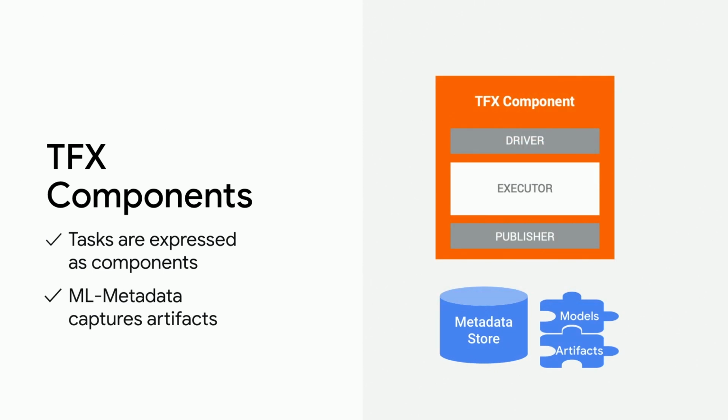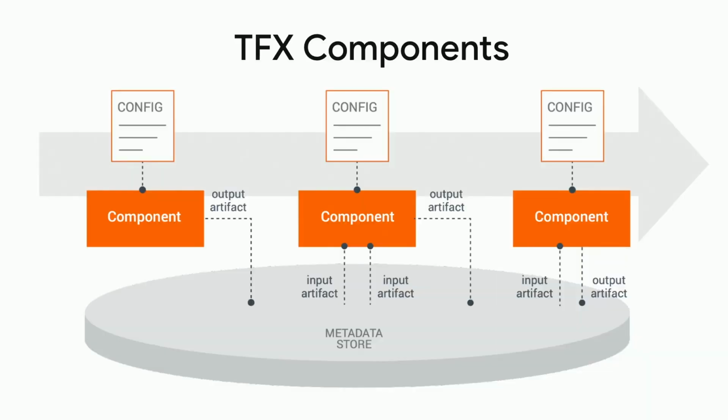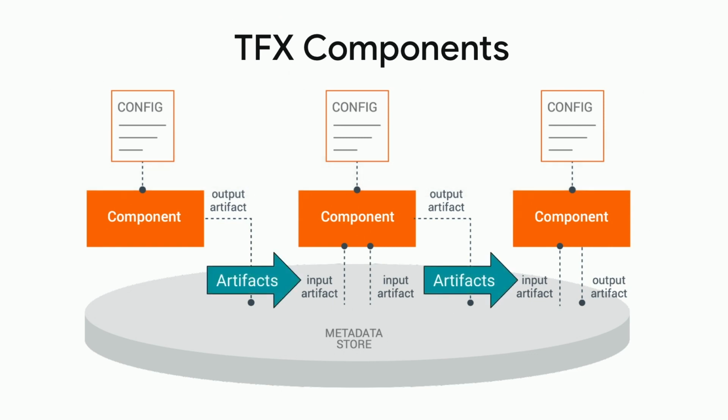The TFX metadata store, ML metadata, captures and manages all of the artifacts that all of your components create during the lifetime of your product. That gives you the ability to go back and do comparisons over time as your data, model, and results change. So, as data flows through your pipeline, artifacts flow from upstream components to downstream components through the metadata store.